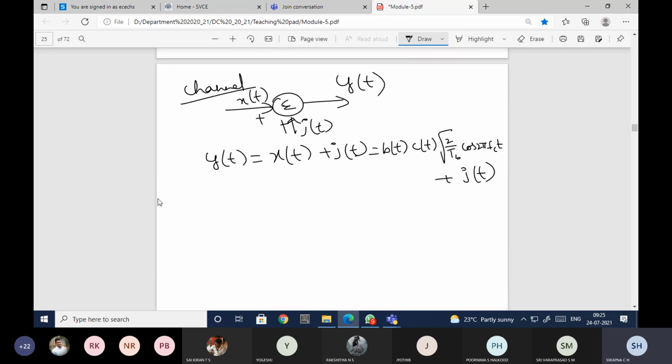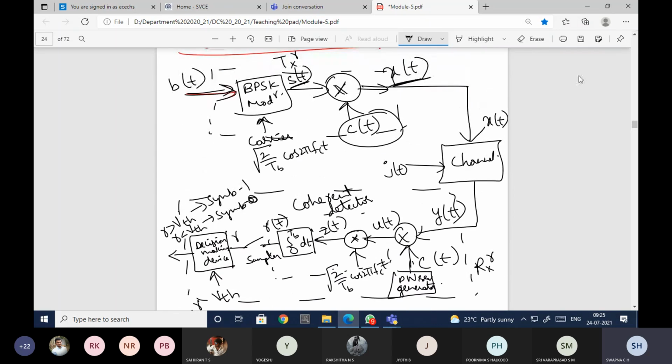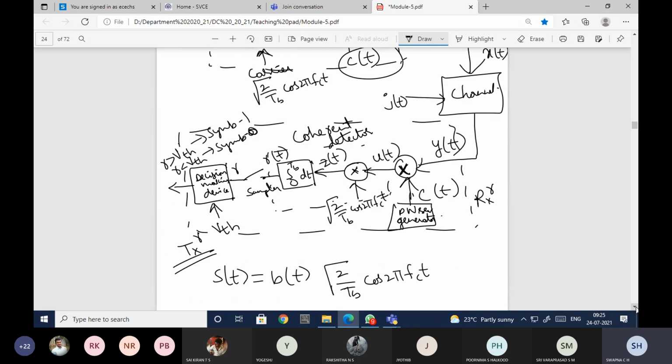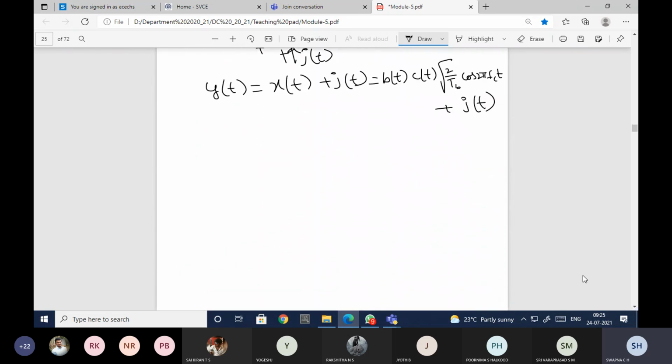Now y of t is given to the receiver. Okay, so this is the receiver. In the receiver, the first step is that y of t is getting multiplied with c of t, so that my output will be u of t.